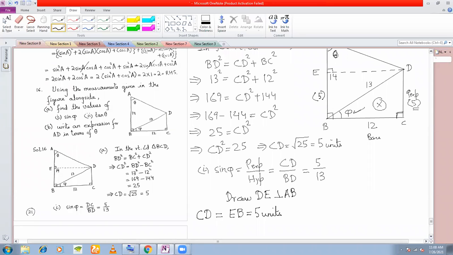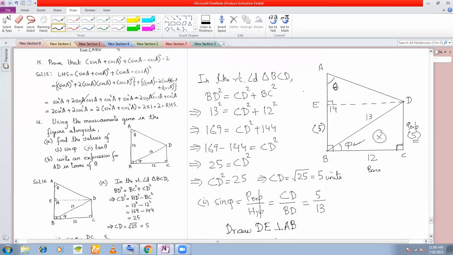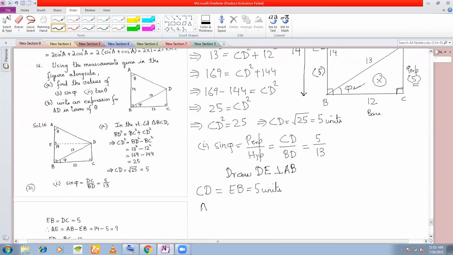This is also 5 units. This entire length is given to be 14. So that means this length is 14 minus 5. So we write AE.